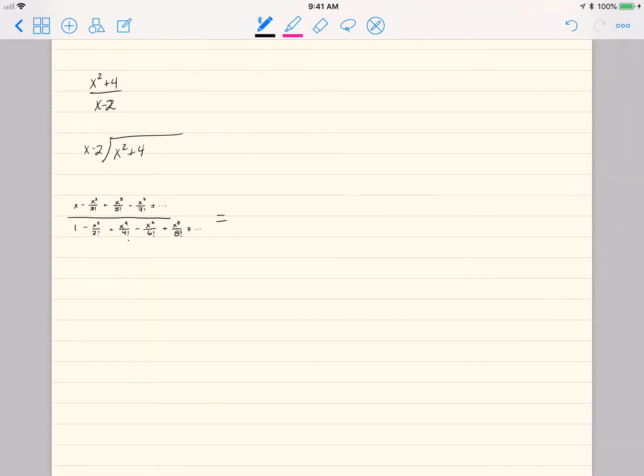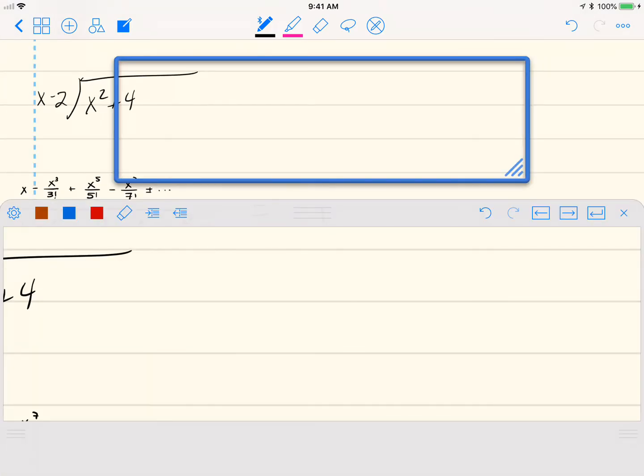And this is going to be equal to 1. Let's get large so we can see what's going on here.